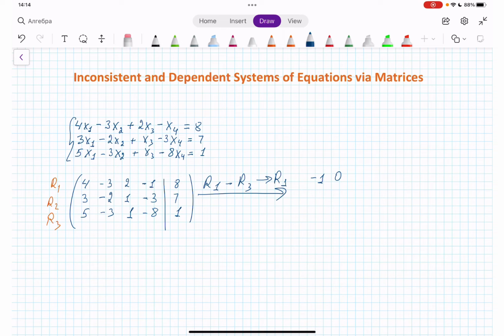Then 2 minus 1, we get 1. Negative 1 minus negative 8, we get 7. And 8 minus 1, we get 7. The second row we leave alone, and the third row we leave alone. We don't mix anything.